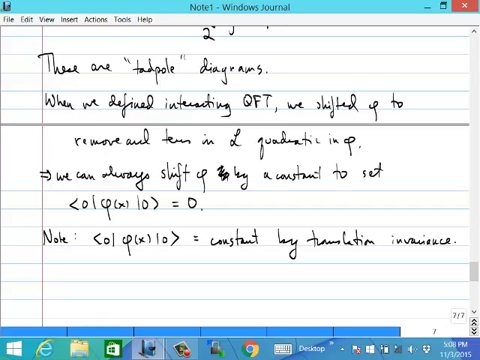If you wanted to say that more formally, there is a momentum operator P which generates translations, so that phi of x is e to the iPx times phi of 0 times e to the minus iPx. Then you would use the fact that the vacuum state is translation invariant, and this would tell you that the expectation value of phi at any point must just be some constant. So we could always just shift the value of phi in order to set the one-point function of phi to be equal to 0.